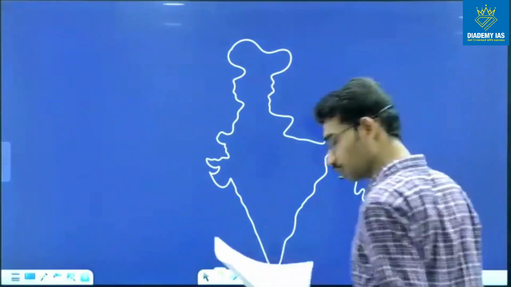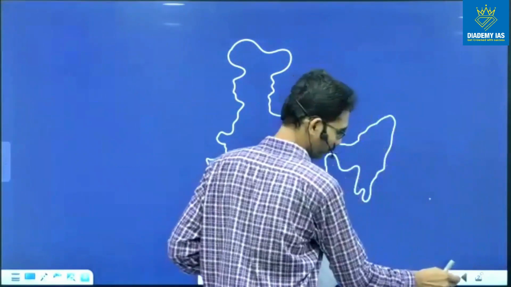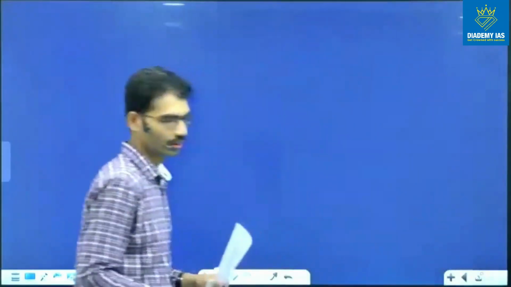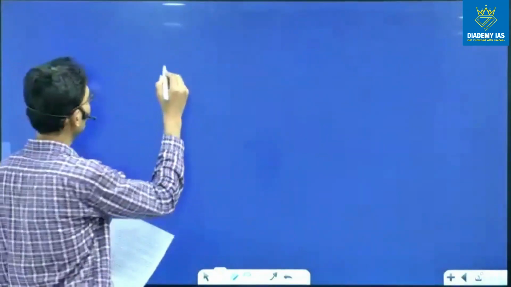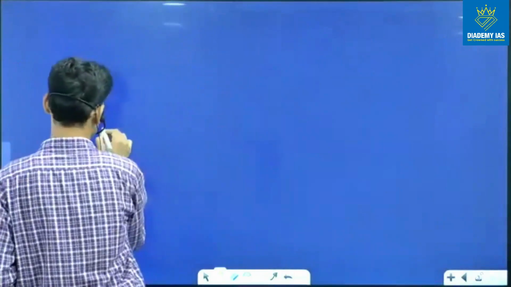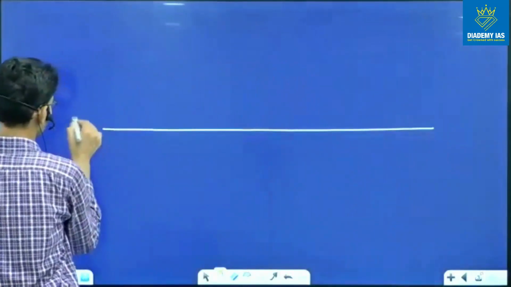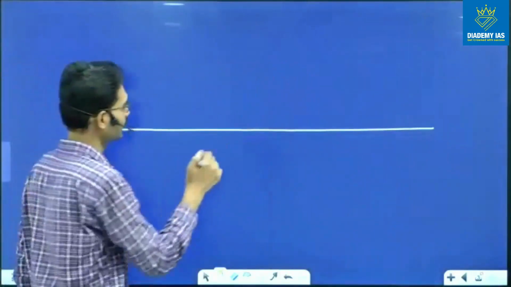In another page, you draw world map. World map, you can draw equator. This becomes our reference.